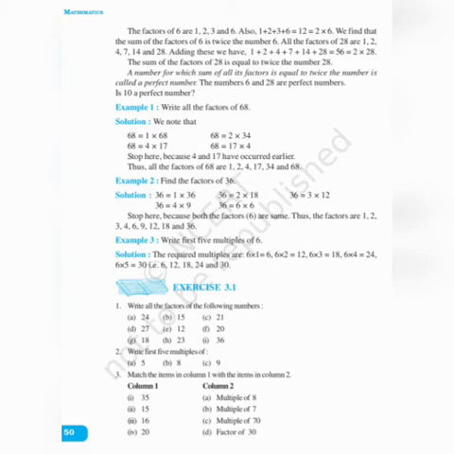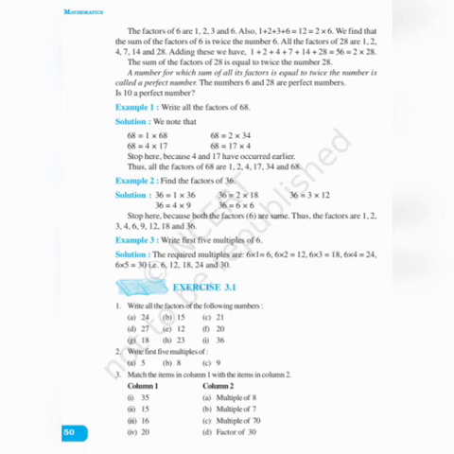For larger numbers, you should do it like this only. For smaller numbers, it is easy. Like if they ask you the factors of 12: 1, 2, 3, 4, 6, 12.